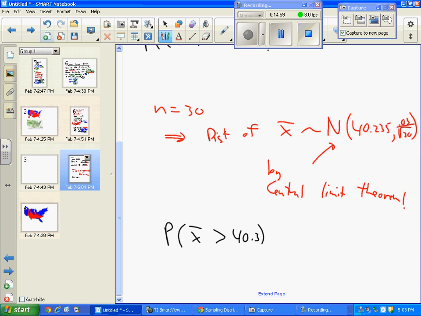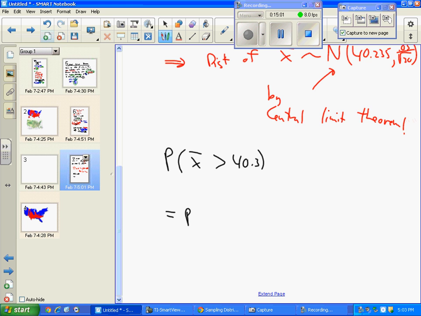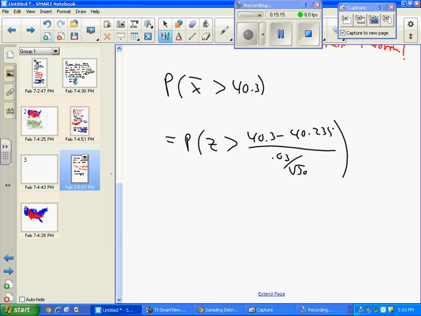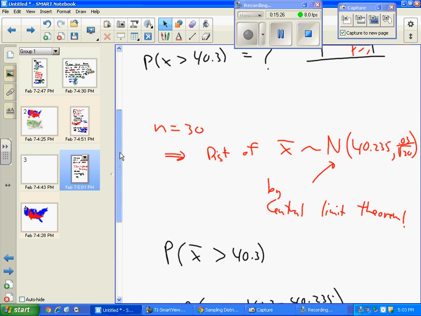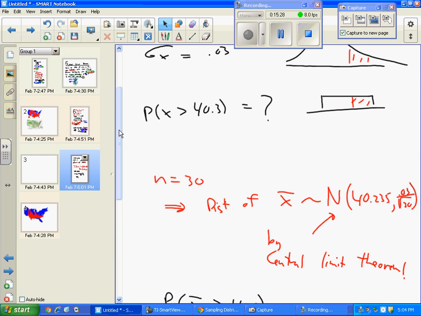We can do that because that's really just the same thing as the probability of z being greater than 40.3 minus 40.235 divided by 0.03 over the square root of 30. And if I found the area, by the way, that area turns out to be basically 0. It's very unlikely. But we can do that now, and that's because we know the distribution of x bar is normal. And that is the power of the central limit theorem. Thanks for watching.